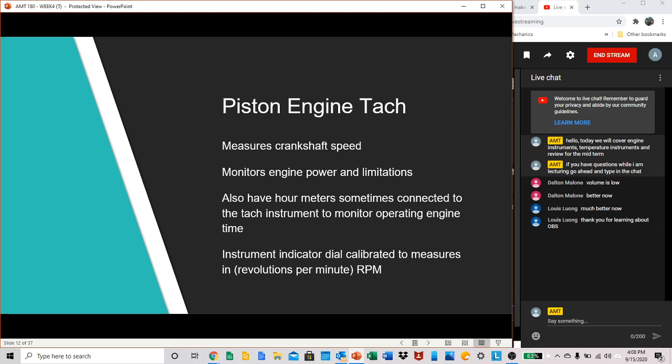So you just need to know that the tachometer on a piston engine is monitoring operating engine time. That's anytime the engines are turned on. It's monitoring that in hours. And the instrument indicator dial is calibrated to measure in RPM, revolutions per minute. So that's revolutions per minute of the crankshaft.